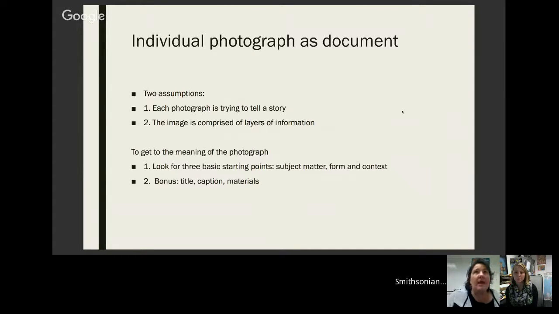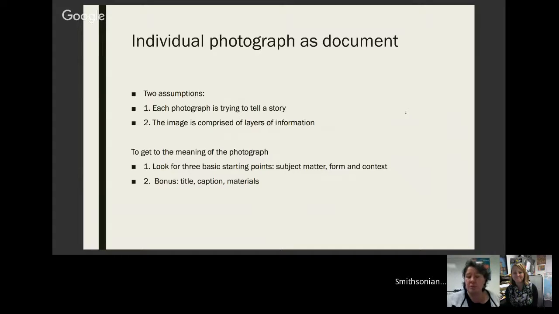It's like an onion; we can go all the way to the bottom, but what I'd like us to think about is just 3 layers. We're going to look for those 3 basic starting points to put together subject matter, form, and context in order to get to what the meaning of the photograph is. If you happen to have the title or the caption, or we know the materials or where it appeared, then I would consider that bonus material.